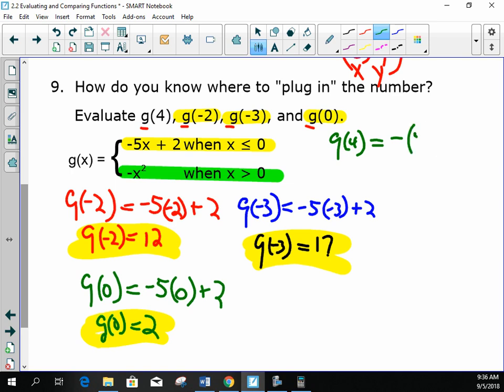The opposite of 4 squared. What's 4 squared, kids? No, 16. I need the opposite of 16. G of 4 equals -16. Got to do these in your calculators. So that's how you fill these in, kids. Now I have all my answers. I evaluated g of 4, g of -2, g of -3, g of 0.